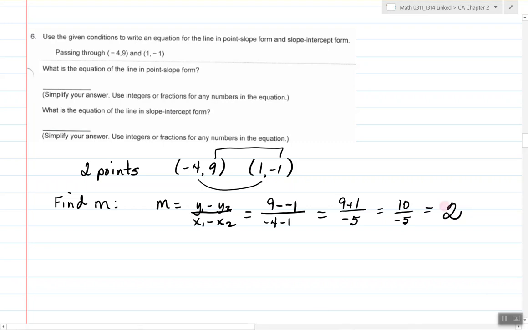Actually, -2, because it's positive divided by negative. So now, point-slope. I'll write that again. So I have y minus y1 equals m times x minus x1.